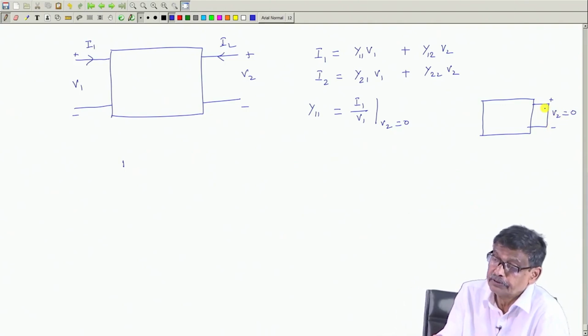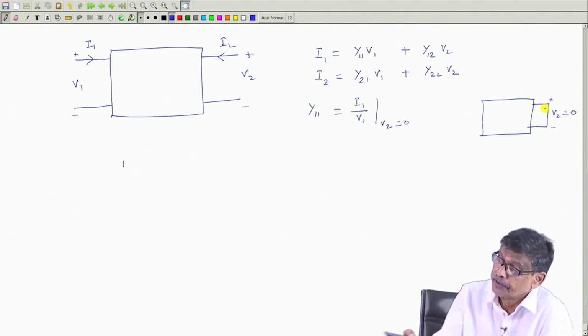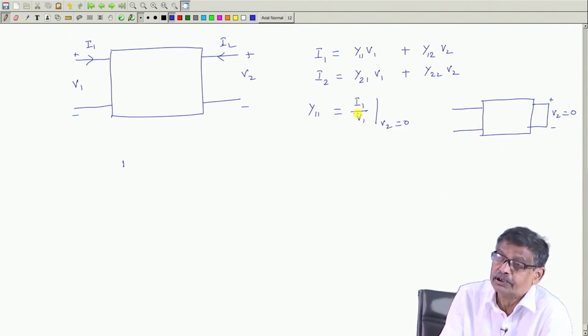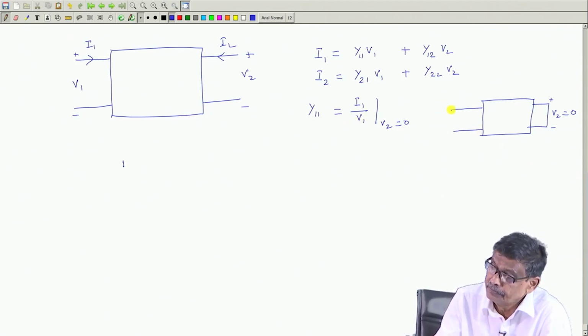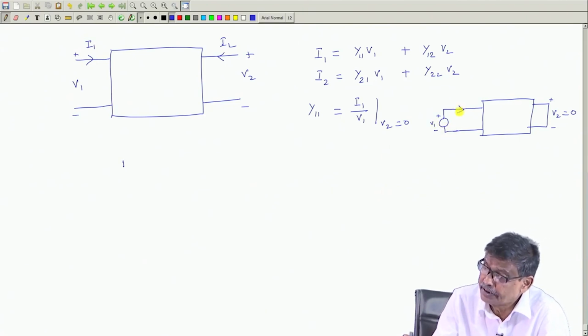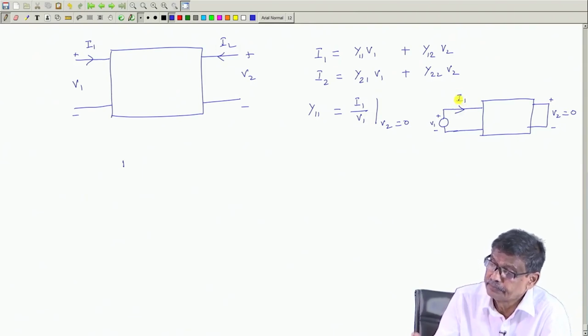With V 2 equal to 0 short circuit, you excite the input port with a voltage. So, excite this input port with a voltage V 1 and see how much current it is drawing, I 1.